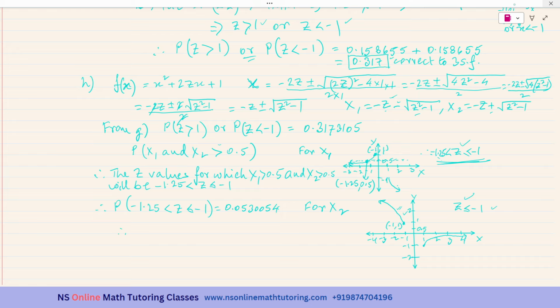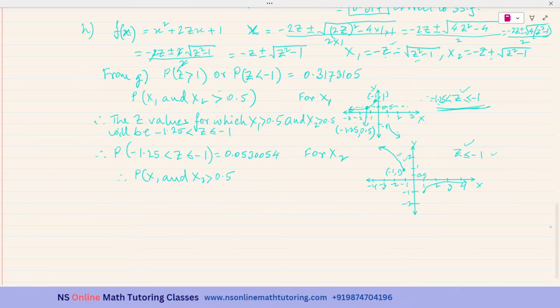Therefore, the probability of x1 and x2 greater than 0.5 will be equal to, there are two values, two solutions, I mean.